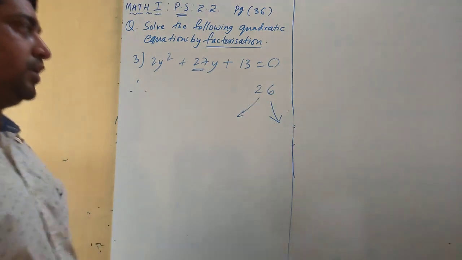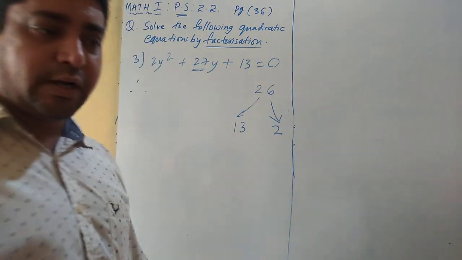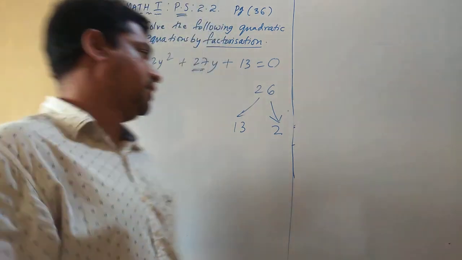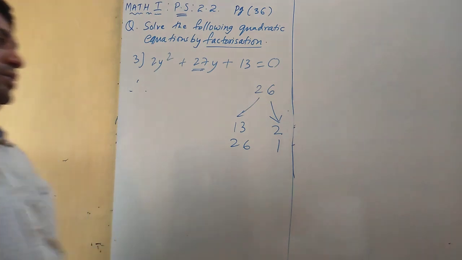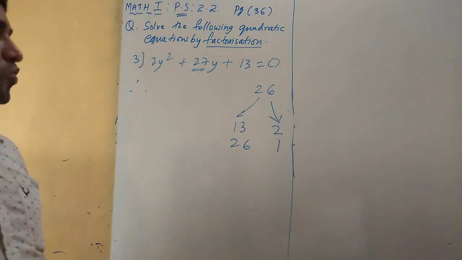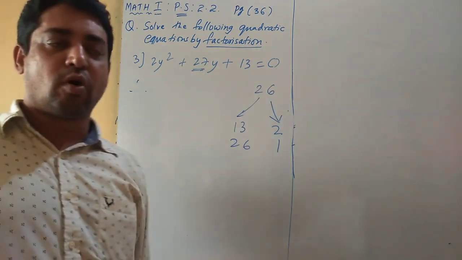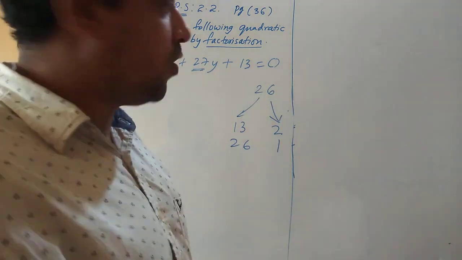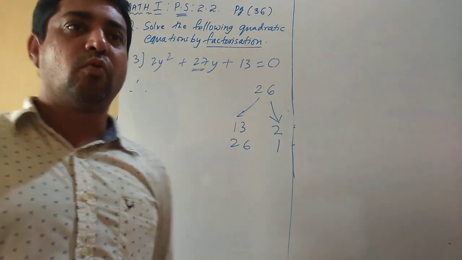So you have only two options. Let's check. 13 two times is 26, and 26 one time is 26. Only two options. Here the signs are both positive, so there is no problem to check the sign at all. Both the numbers will be positive only.